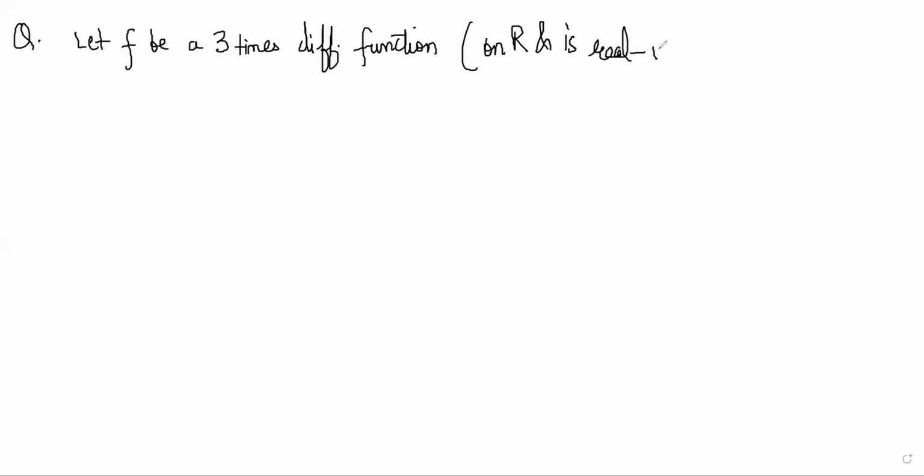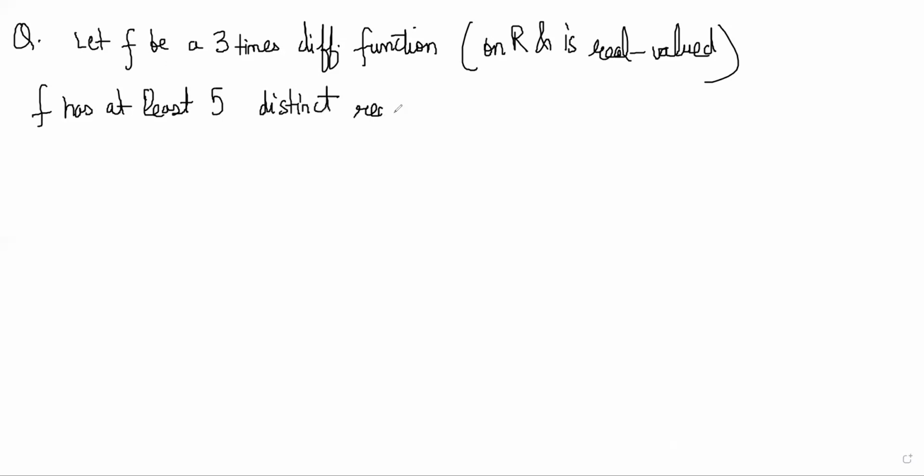Basically its range is also real. Real valued function such that f has at least 5 distinct real roots.